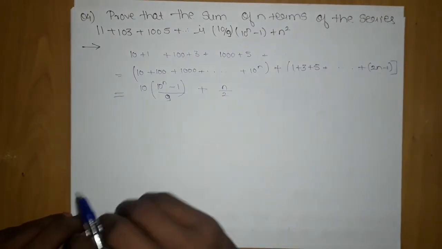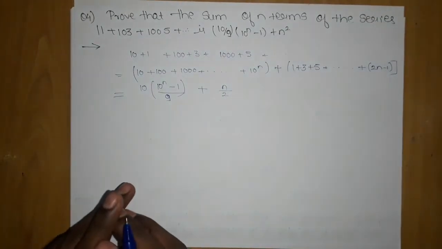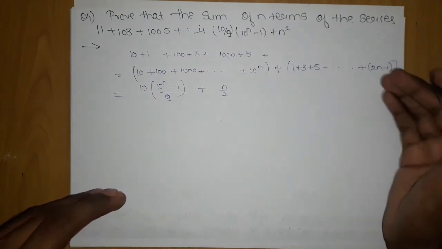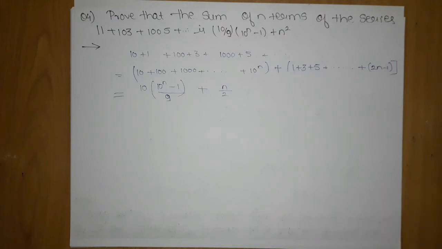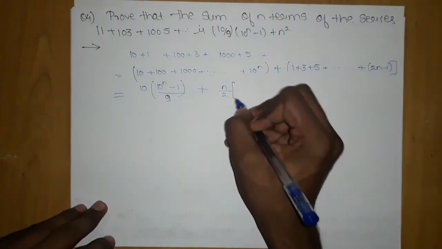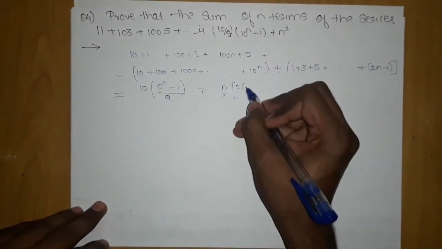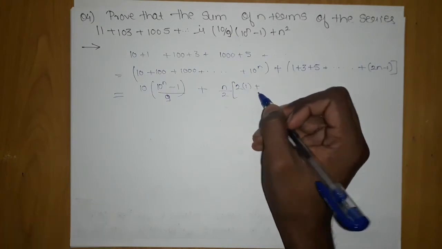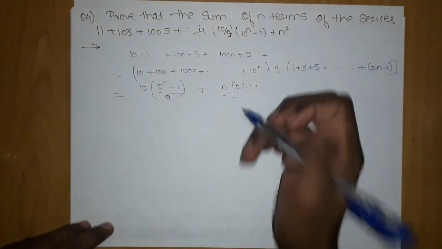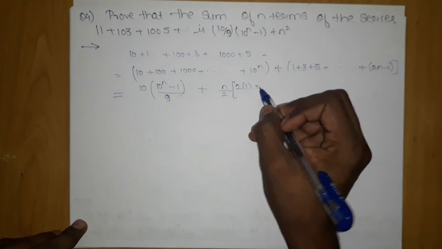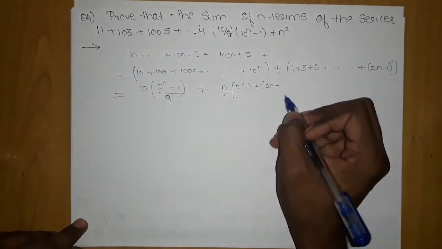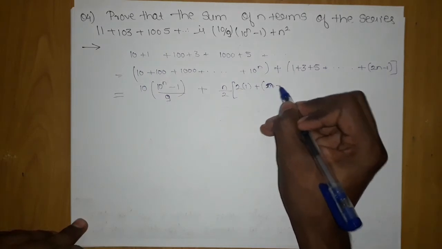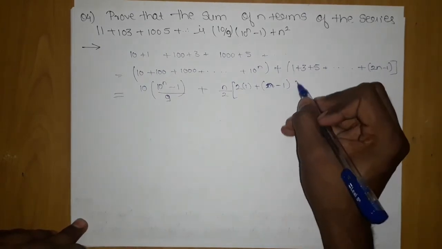Now some people will think, why 2n minus 1? Brother, it is just the nth term, not the number of terms. The number of terms is still n. Now 2 into first term 1 plus (n minus 1) into d, which is 2, we can do it this way.